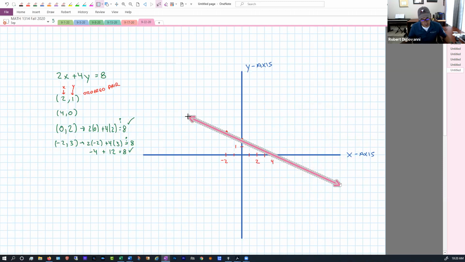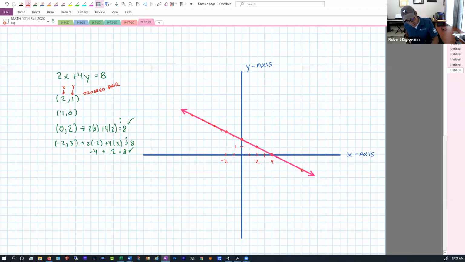Doesn't it look like all of those points lie on a straight line? So it turns out that if you draw a straight line through those points, then every point on that line, every single point, and there are an infinite number of points, should be a solution.